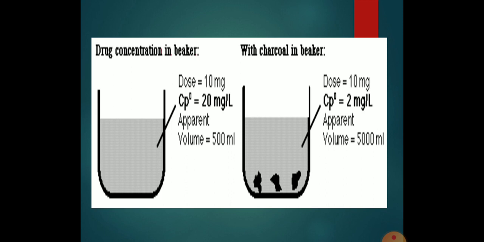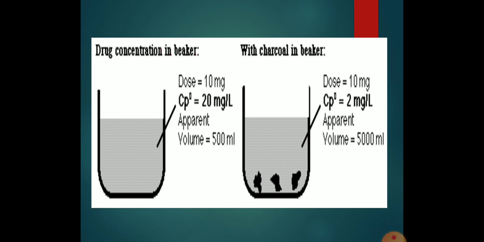A large value of this apparent volume of distribution indicates that a larger quantity of drug is present in extravascular tissue. Drugs sequestered in other tissues may have a volume much more than total body water or even body mass. Examples are digoxin, which is showing 6 liter per kg, and propranolol, which is showing around 4 liter per kg, because most of the drug is present in other tissues and plasma concentration is low because it is already distributed.